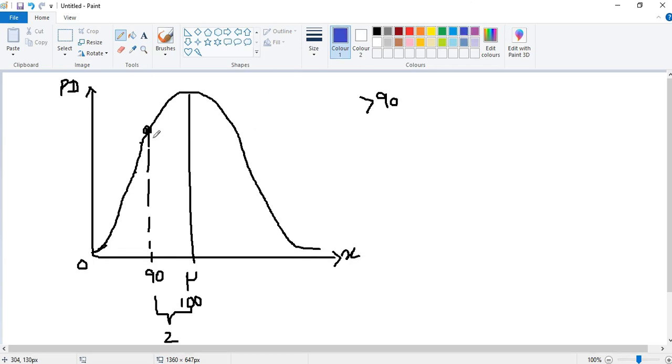So if you are going to paint it, it will be everything, even this small part. We know always normal distributions are symmetrical. Okay, symmetrical. If it's symmetrical, each side is equal.